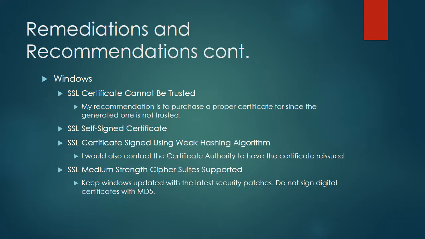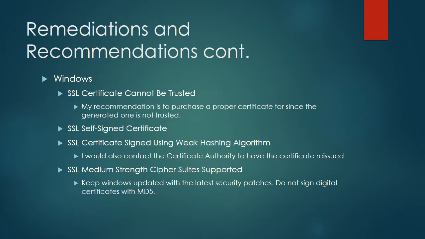Next, for the Windows Server remediations and recommendations, the same SSL certificate cannot be trusted and self-signed certificate. I recommend the same thing, purchasing a proper certificate from a public certificate authority. For the SSL certificate signed using weak hashing algorithm, I would just contact the certificate authority to have the certificate reissued.